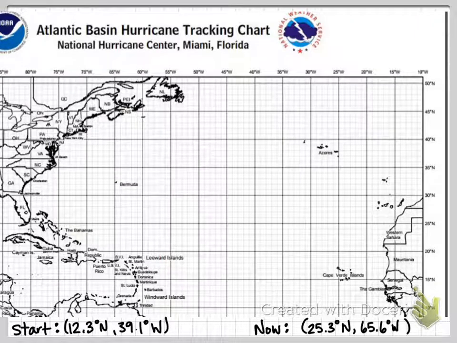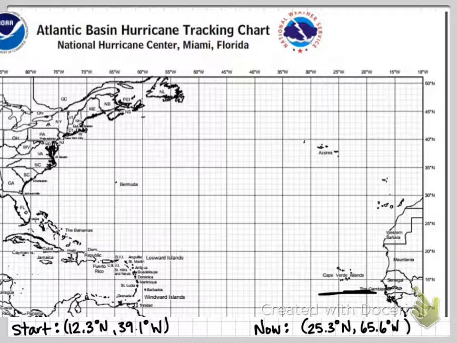If we come up here on our chart, you notice there are numbers on the side. These horizontal lines that are going upward are your north coordinates. So if we want to start, his first point was at 12.3, so that's somewhere around this area.